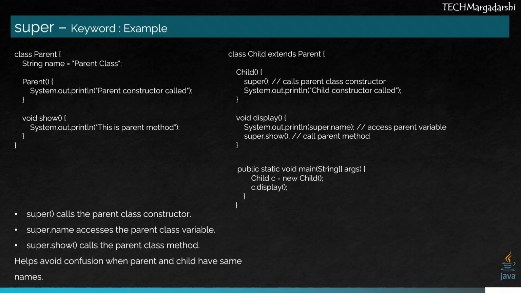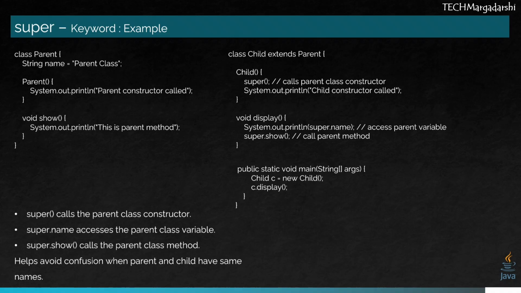Let's understand the super keyword with a simple example. Here, we have a parent class and a child class that extends it. The parent class contains a variable, a constructor, and a method. Inside the child class constructor, we use super(). This calls the parent class constructor first before executing the child constructor.